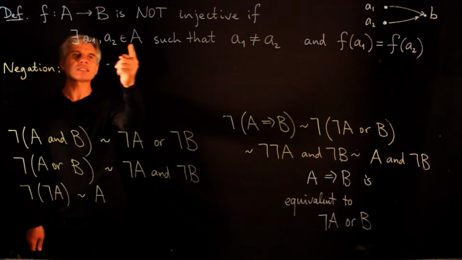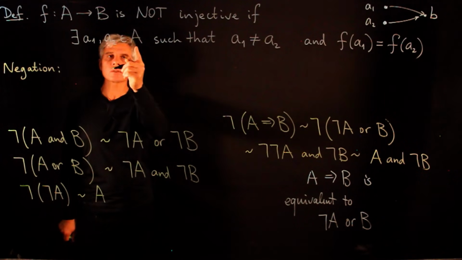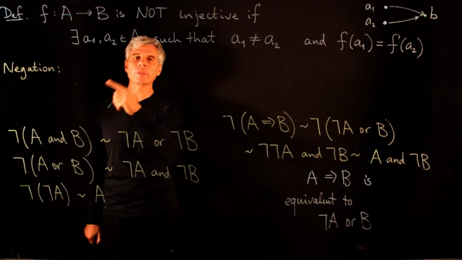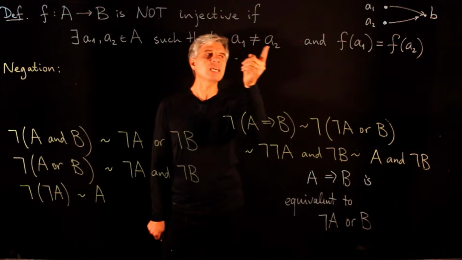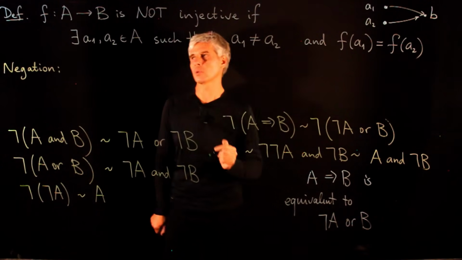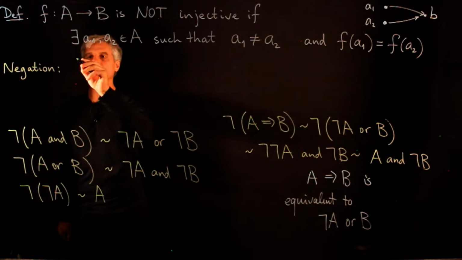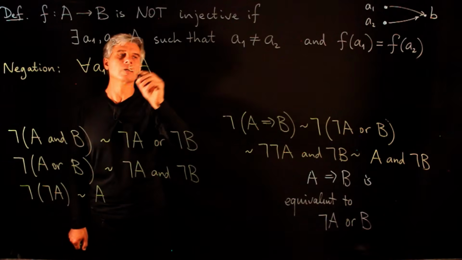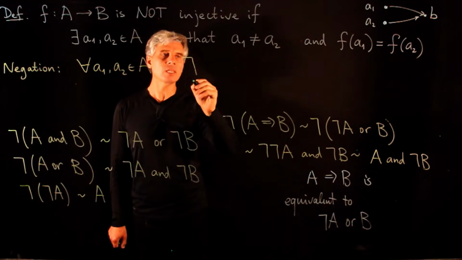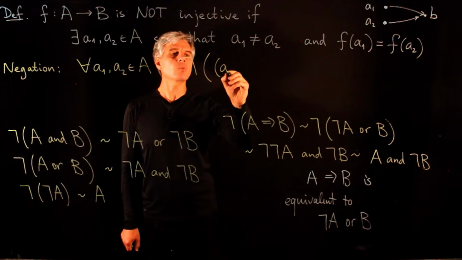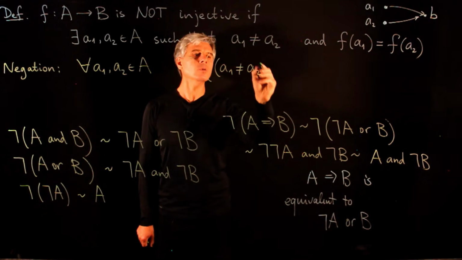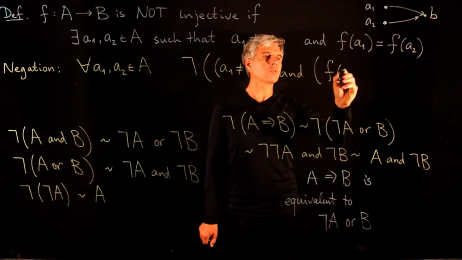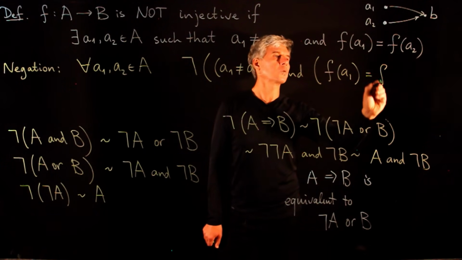If we negate a statement with an existence quantifier, then we replace the existence quantifier with the universal quantifier and negate the statement that follows. So the negation of this statement will be for all A1, A2 in A, we have the negation of A1 is not equal to A2 and f of A1 is equal to f of A2.